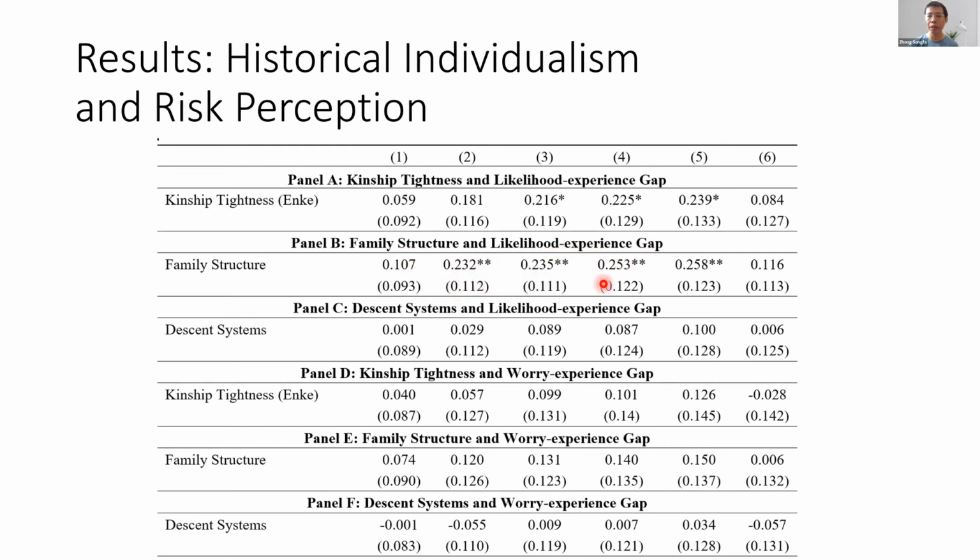And it continues to be significant after we control for a number of variables, except for the last one, religion. The coefficient is reduced by half. So this shares a similar picture: historical individualism tends to be weakly associated with risk perception.